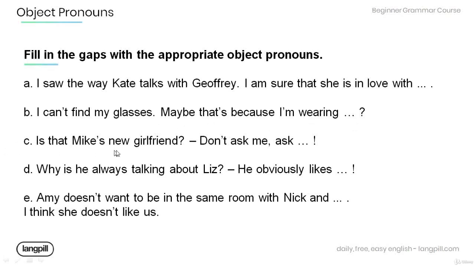C. Is that Mike's new girlfriend? Don't ask me, ask. D. Why is he always talking about Liz? He obviously likes. E. Amy doesn't want to be in the same room with Nick and I think she doesn't like us.